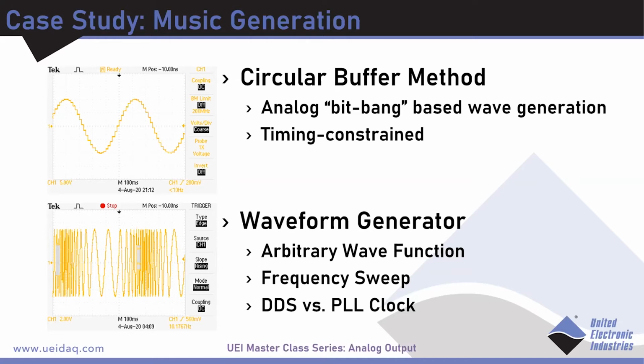Now, the last thing we can talk about with the waveform generator is clocking. So we actually have two different methods to clock the waves coming out of the AWFG. The first is DDS mode, and the second is PLL mode. So DDS is a direct digital synthesis method.